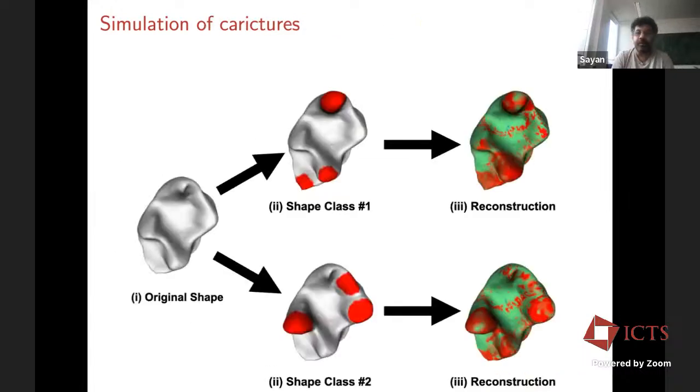So what we did was we went to the computational geometry literature and graphics literature, and there are ways of caricaturing. And so what we did was we took lemurs and we caricatured them, right? And we looked at whether we get back the characters that we made.